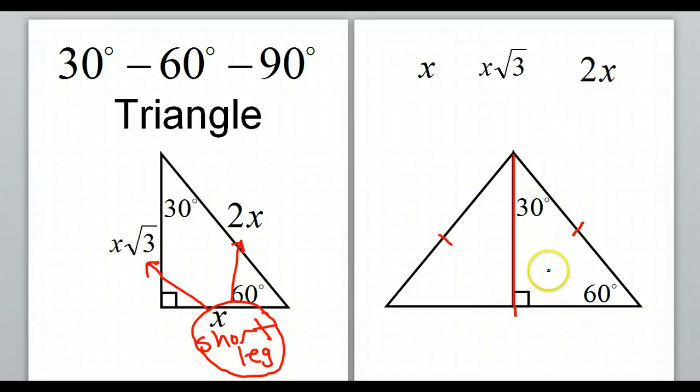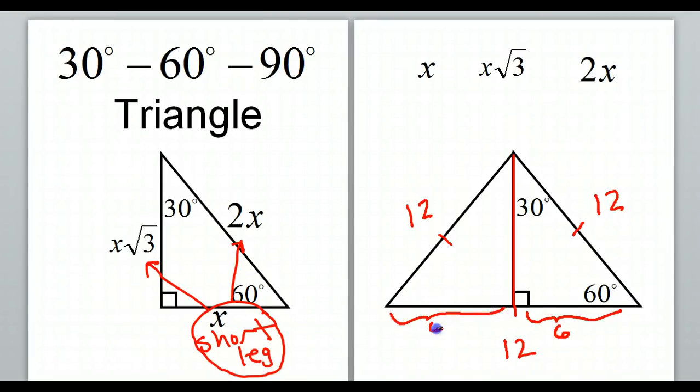Okay, so if you think about it, for example, let's say that this was 12 on each side, 12, 12, 12, like this. Well, guess what this side of the triangle is going to be? Yeah, it's going to be 6. That just makes sense because it's being split in half.